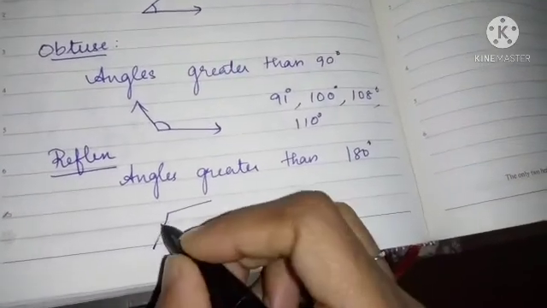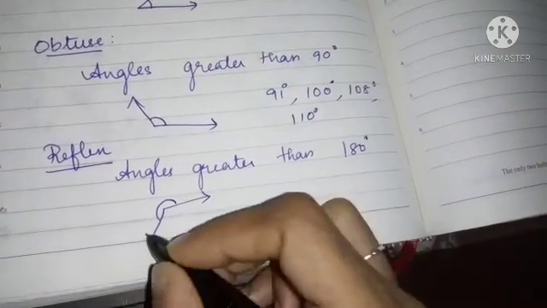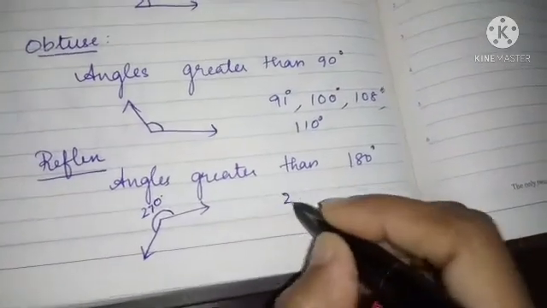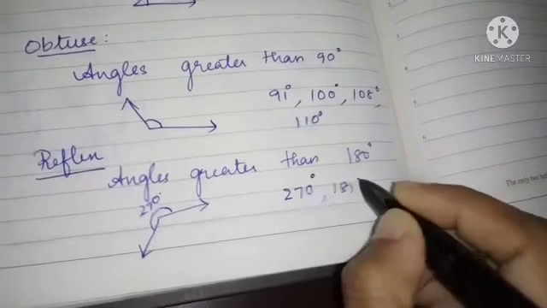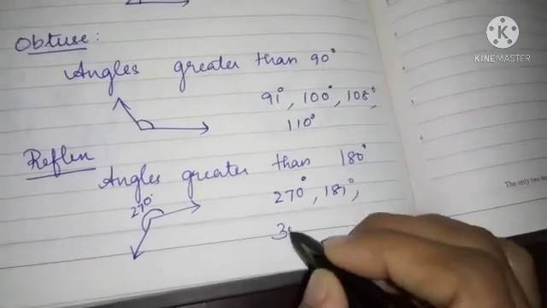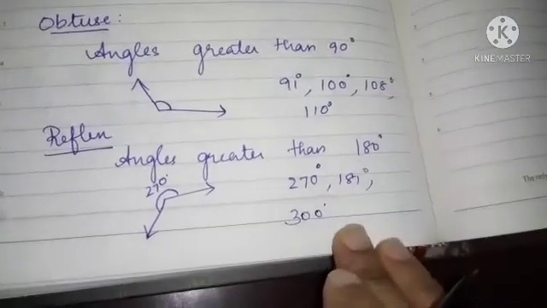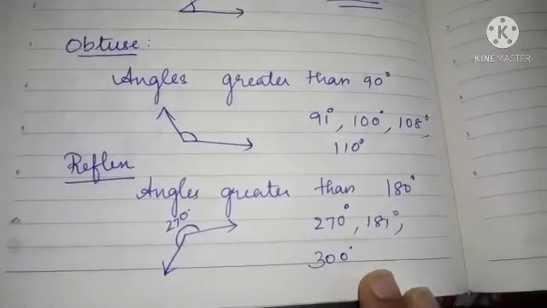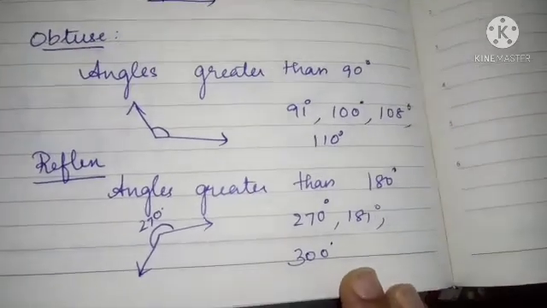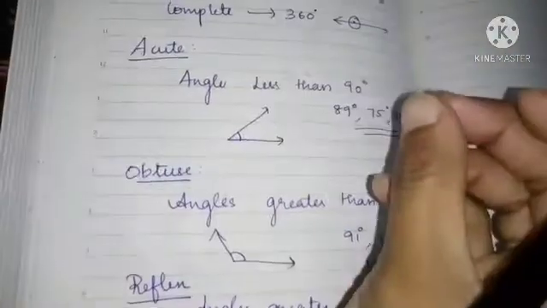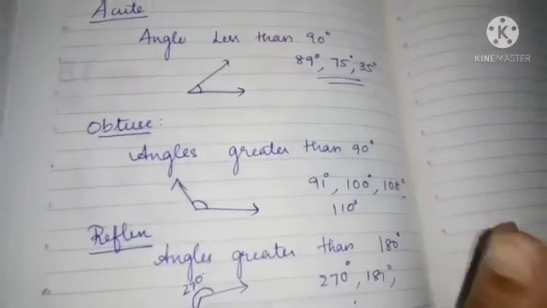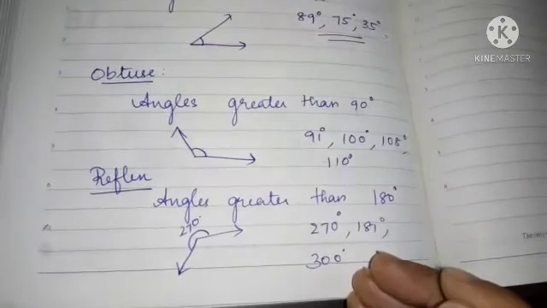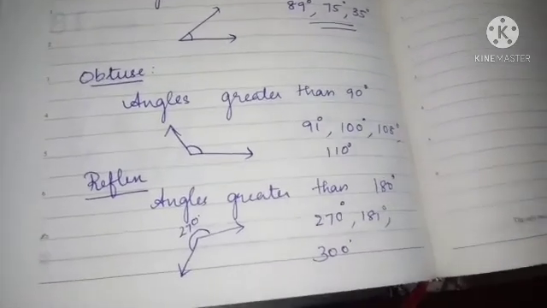See, if it is 270 degrees, it is a reflex angle. 270 degrees, 181 degrees, 300 degrees. These are all called reflex angles. Angles greater than 180 are called reflex angles. So acute is small, less than 90 degrees; obtuse, greater than 90 degrees; reflex, greater than 180 degrees. Understood? This is the basic concept for this chapter.